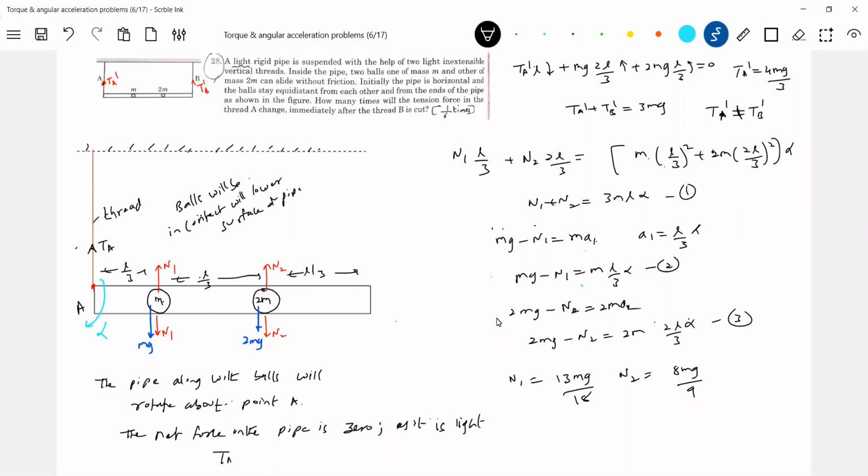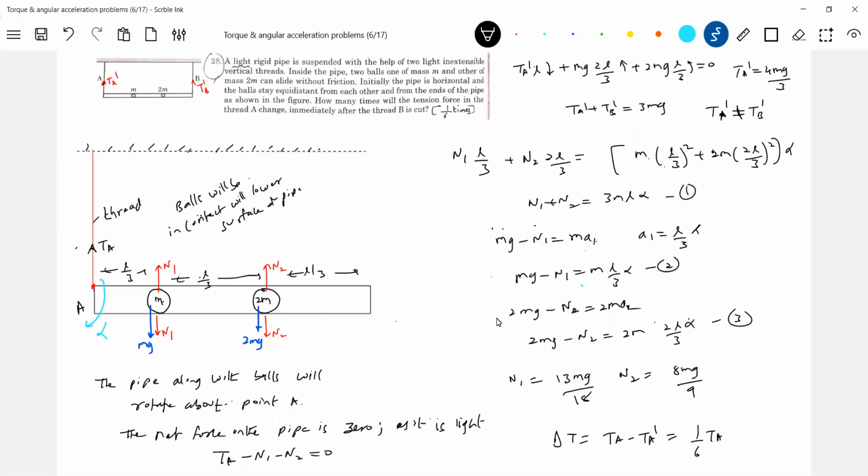Therefore, Ta minus N1 minus N2 should be equal to 0. Now we know N1 and N2, we will get Ta, then we know Ta dash, then what you should do is take the difference. This will be your answer. You check the calculation later on.